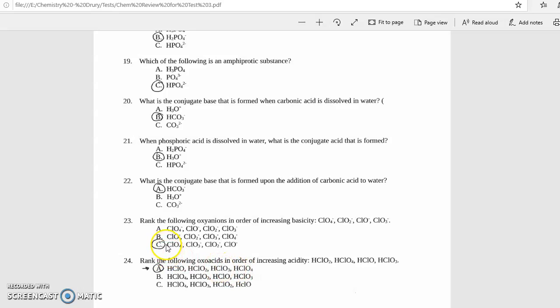So this, many of you got right. I think everybody got that one right. But this one, most people got wrong. And it's the reverse order. So remember that. If you're going increasing basicity here, you've got to flip it around to get to increasing acidity here. Okay?